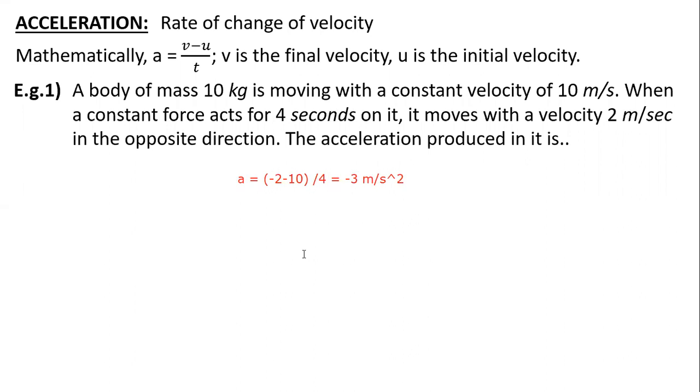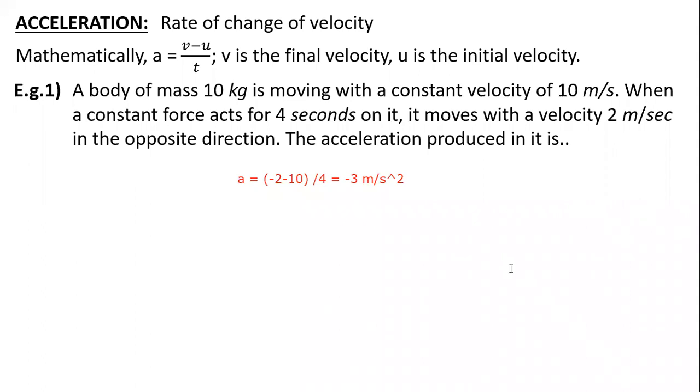So it was -12 by 4, which becomes -3. So acceleration is -3. If they would have specified the word deceleration or retardation, then we would write the answer only 3. Because the word deceleration or retardation means negative acceleration already. So if they're asking acceleration, the answer will be minus.